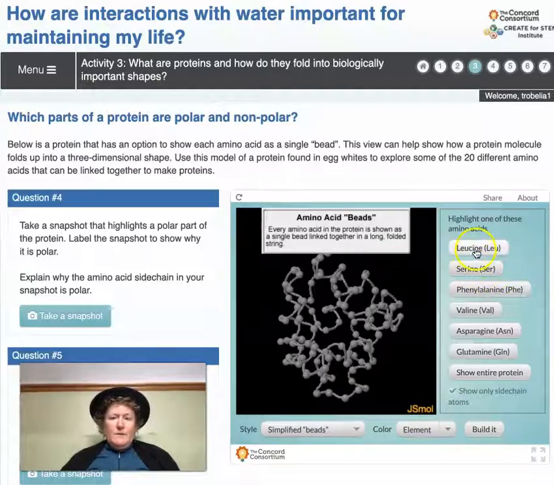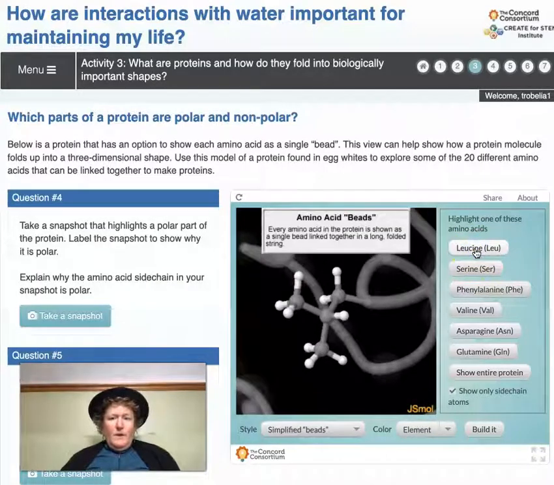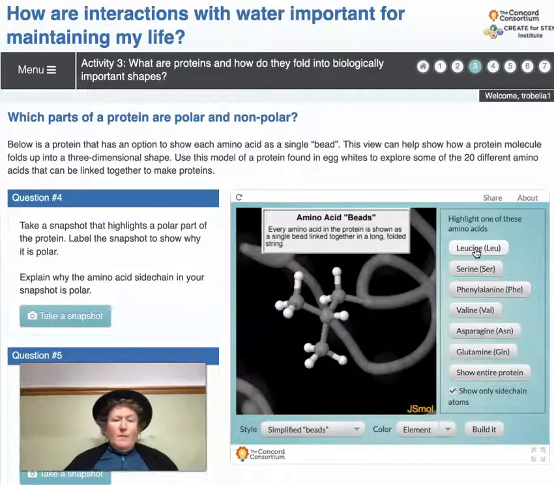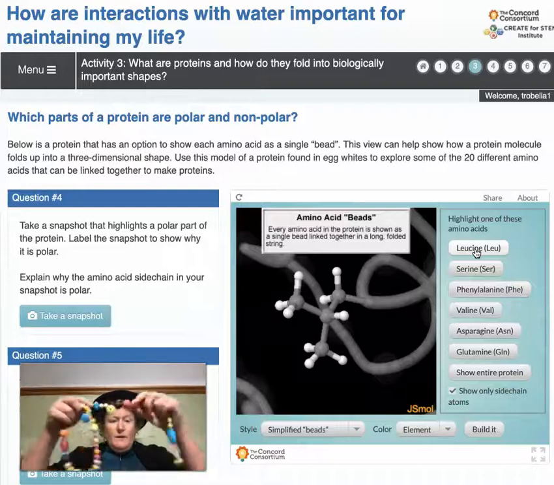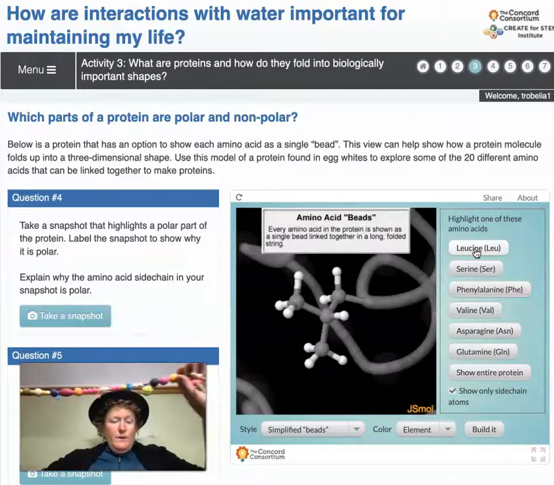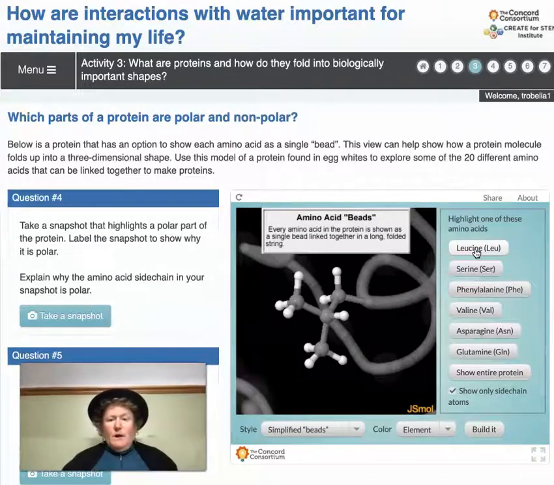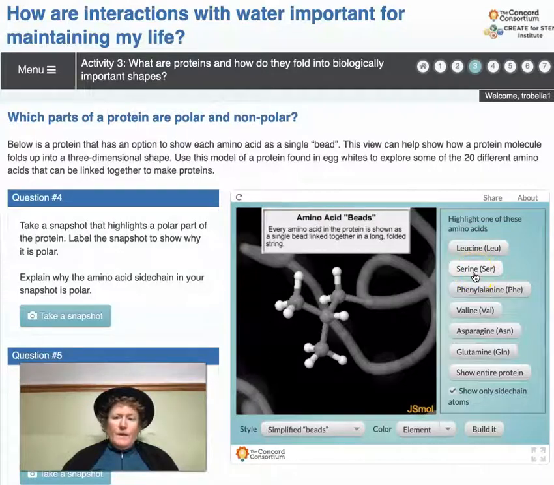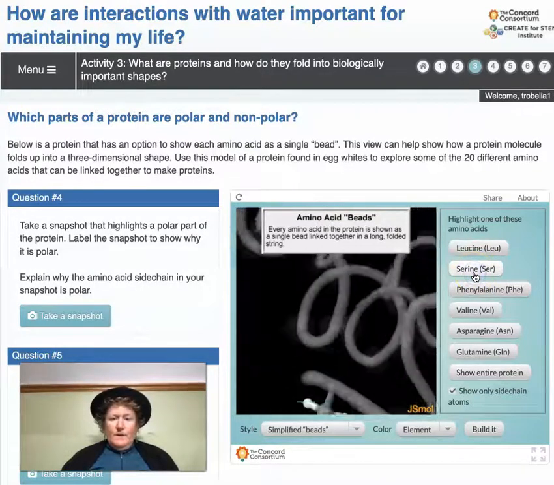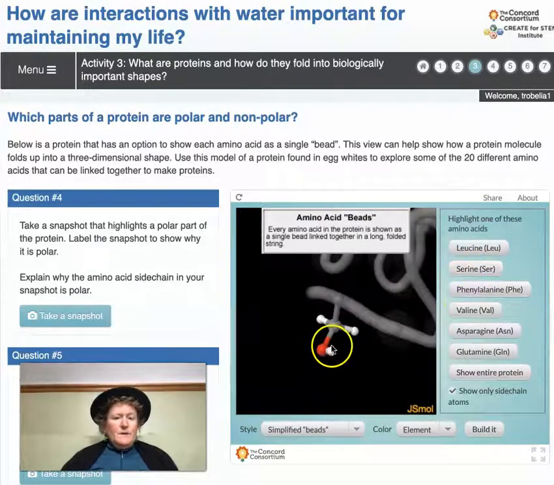So let's look at some amino acids within this protein. Remember, amino acids are like the beads that build the long chain, and then the chain folds up based on some things we're going to talk about today. Let's look at serine. Serine has an oxygen, and we know that's polar from the last one.